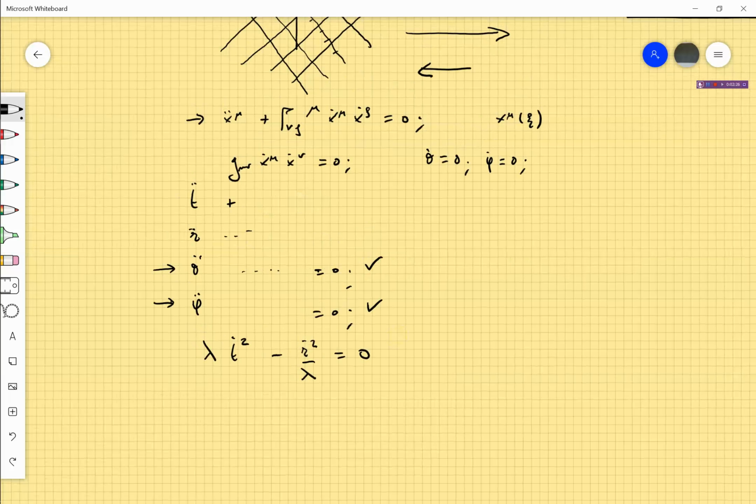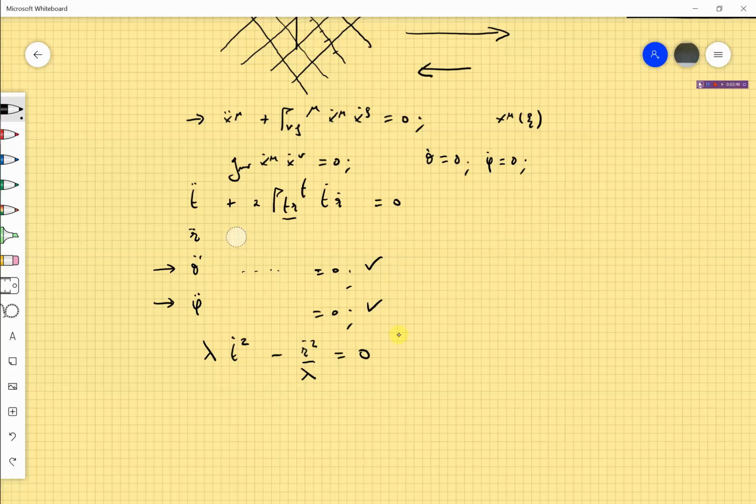There are only a few non-vanishing components of the Christoffel symbols with t up. In this case, the only one which is different from 0 is tr, and because it is off diagonal, it appears twice. So this is equal to 0.